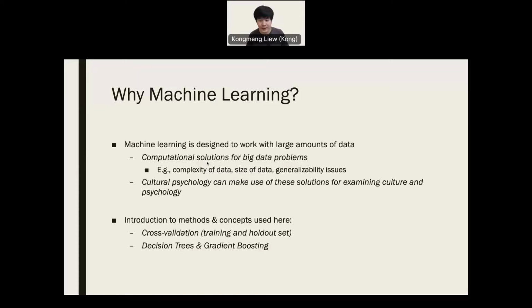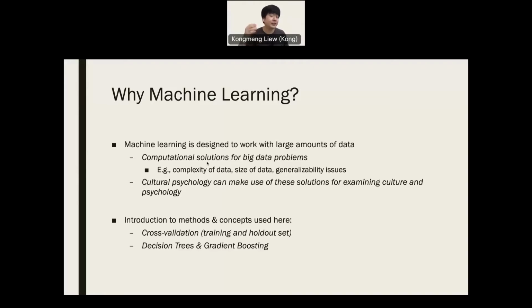What I think machine learning is really good for is that it's designed to work with large amounts of data. So it provides computational solutions for a lot of big data problems. Like if we have multi-dimensional data, a lot of predictors, or a huge sample size, some of these methods are more streamlined towards addressing the problems that come with these kinds of big data sets.